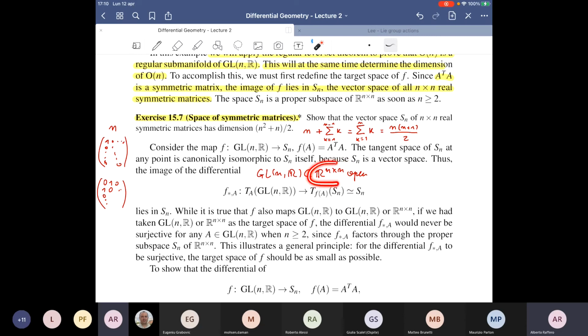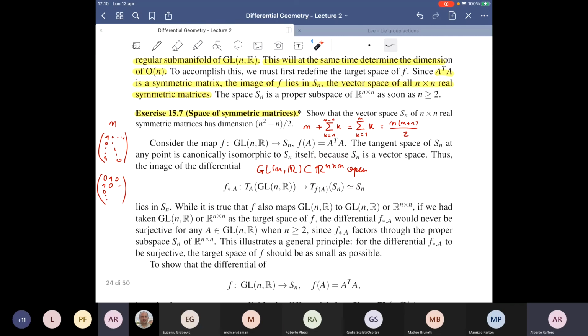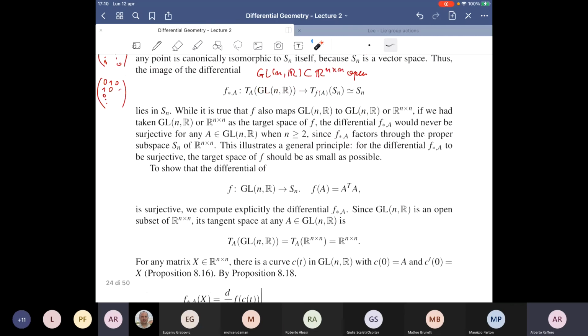In particular, since this is a vector space, the tangent space of GLn R at the matrix A is canonically isomorphic to the space of n times n matrices. So the differential of f at some invertible matrix is a linear map going from R n times n to Sn.